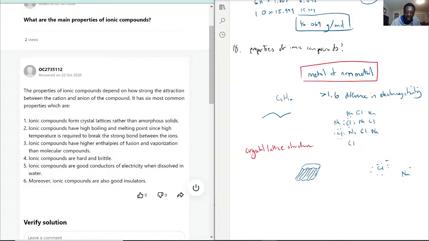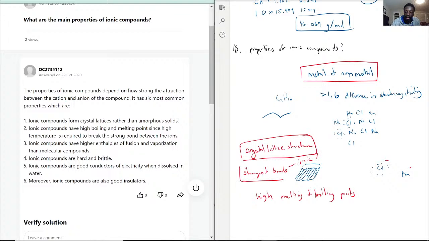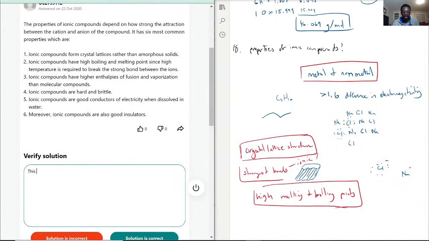And the last thing is that it's the strongest bonds, which is ionic, meaning, as it says there, high melting and boiling points. So that's what we have for ionic compounds. So this is correct.